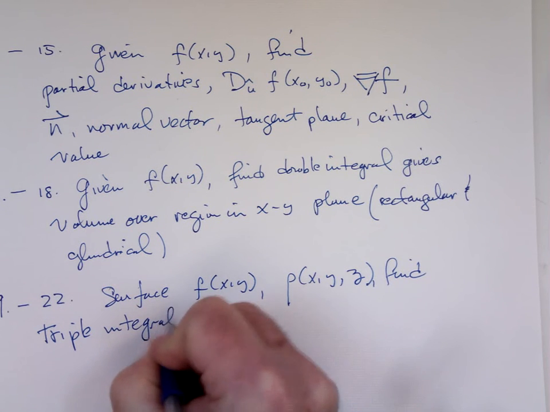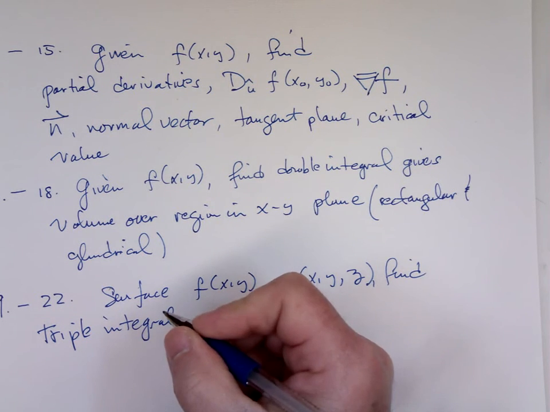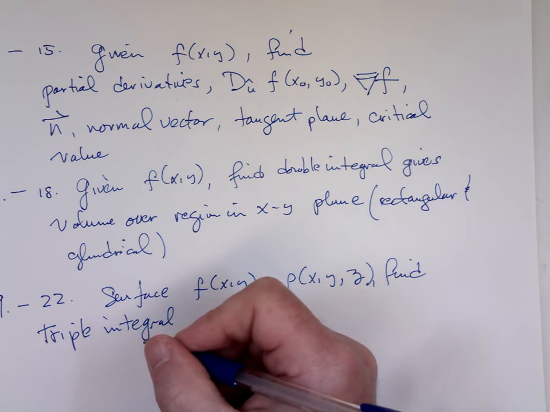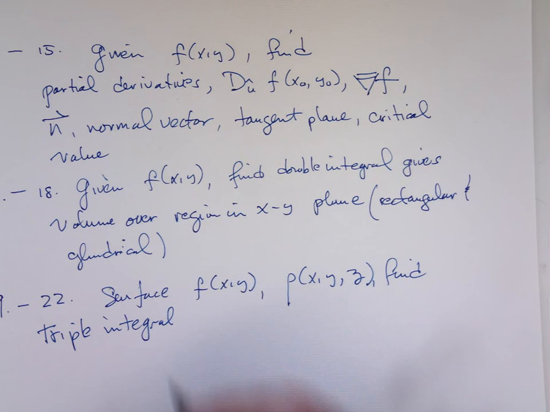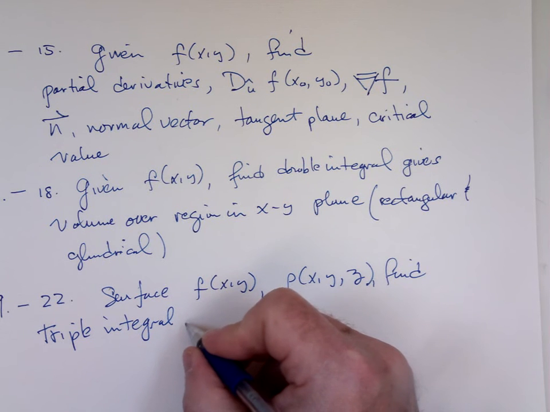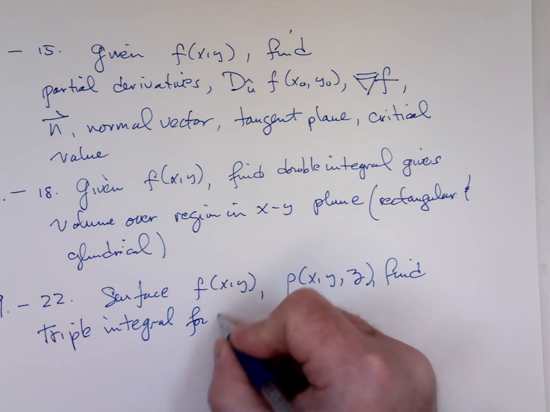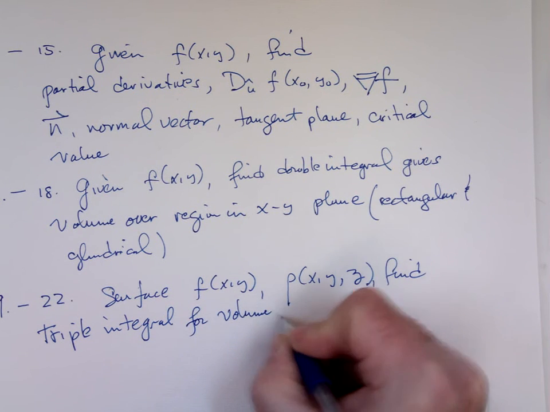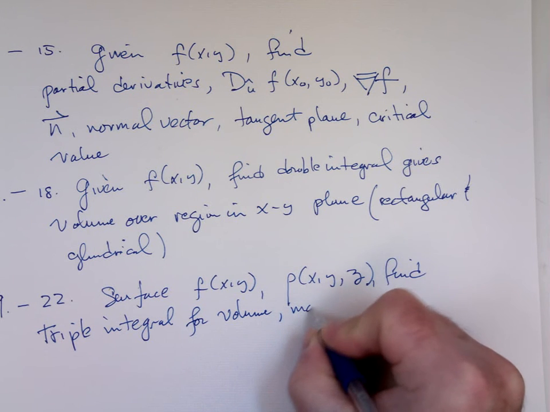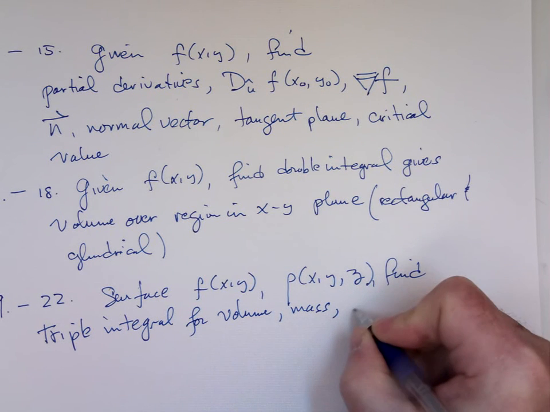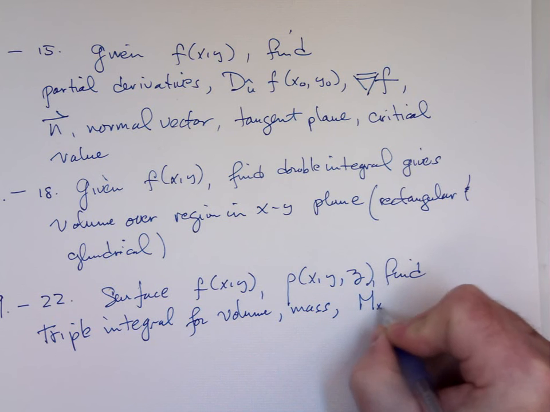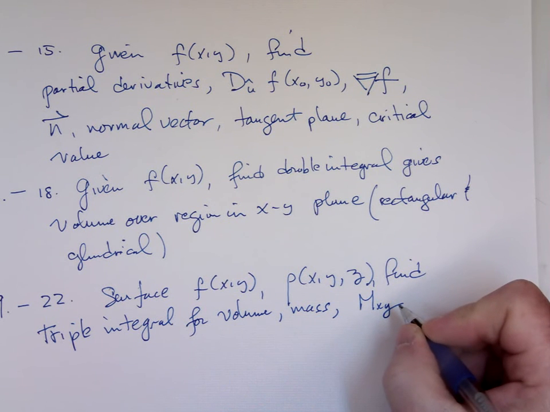Find the triple integral that gives, it's exactly what you would expect: volume, you don't have to do them out though, mass, moment from the xy plane, and that's basically it.